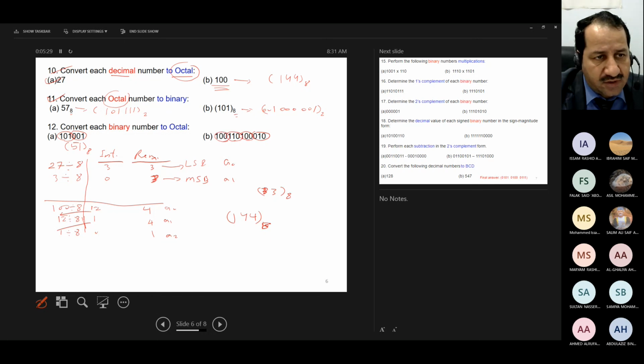This is 2, right? What about this? 1, 0, 0 is 4. What about this 0, 1, 1? 6. What about this 0, 0, 1? 1. So this is the number in octal.